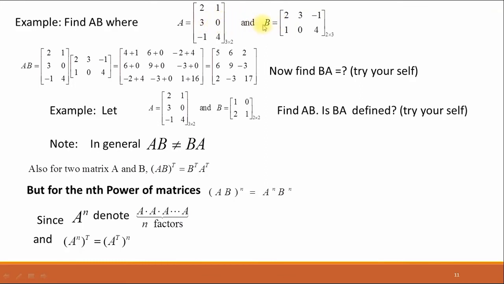For the multiplication of AB, the number of columns in matrix A must be equal to the number of rows in matrix B. Since this matrix has 2 columns and this matrix has 2 rows, the number of columns in matrix A is equal to the number of rows in matrix B. So multiplication of these two matrices is possible.